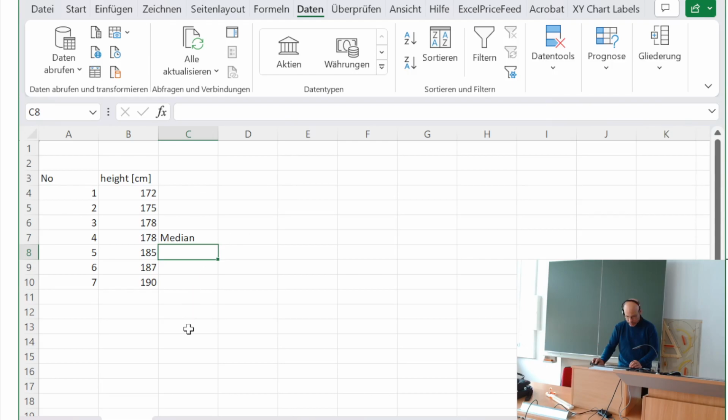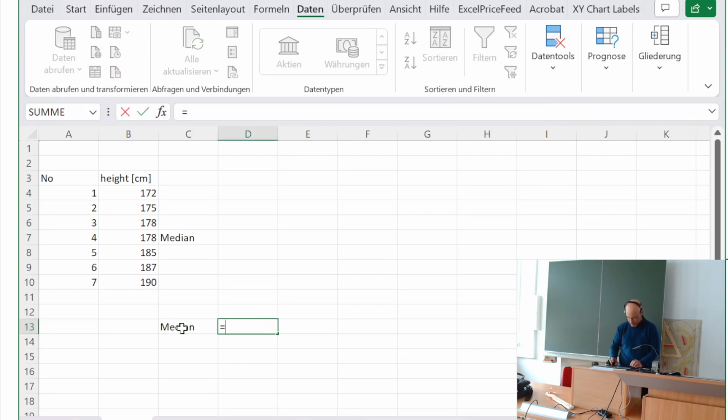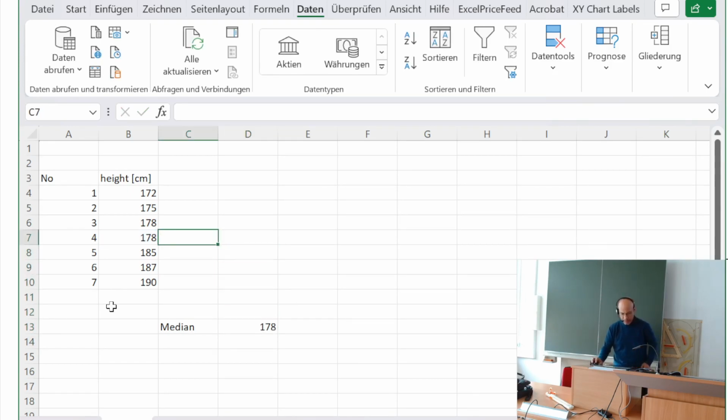Let's put it, we will have some more numbers. Median equals this one in the middle. So 3 points are lower or equal, because here by accident we have 2 data points with 178, but this doesn't matter.